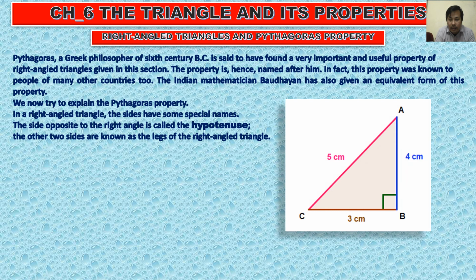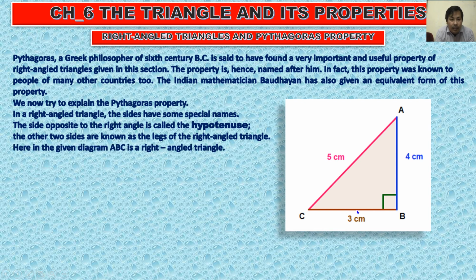And here is the diagram of the right angle triangle. The triangle ABC is a right angle triangle, right angled at B. AC is called the hypotenuse, the side opposite to the right angle. The other sides, BC and BA, are called the legs of the right angle triangle.